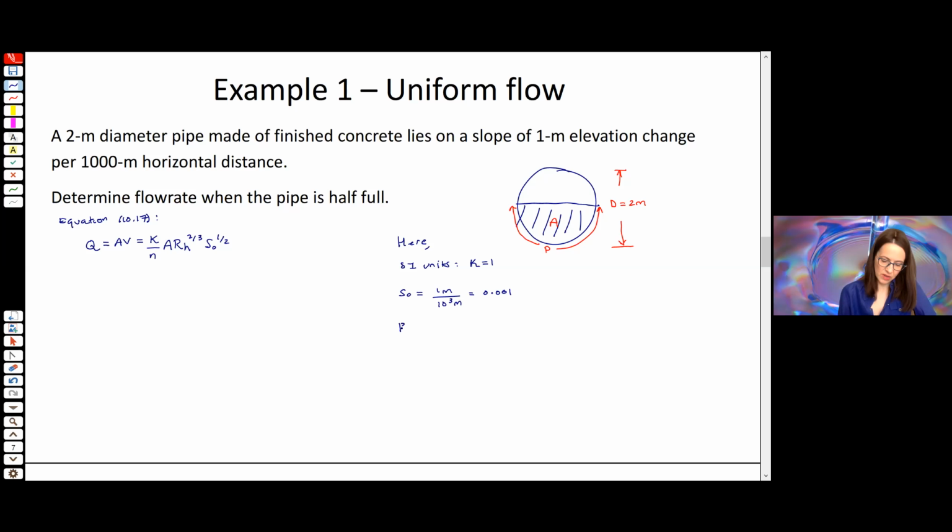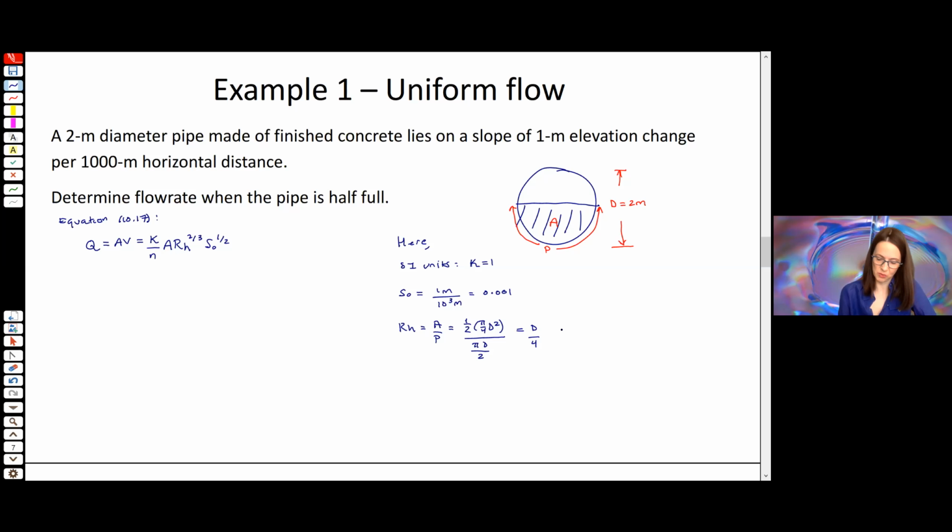Our hydraulic radius is equal to A over P. So that is 1/2 times pi over 4 d squared over pi d over 2, right? Perimeter of the circle divided by 2. So this turns out to be just d by 4.